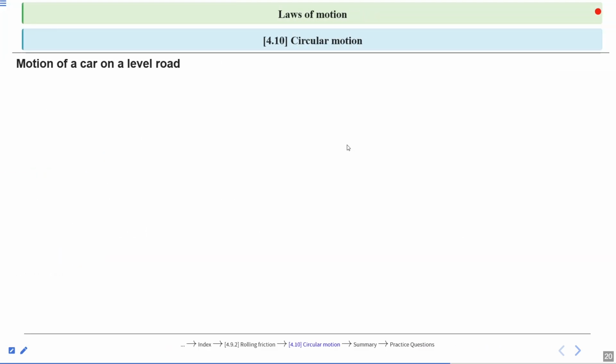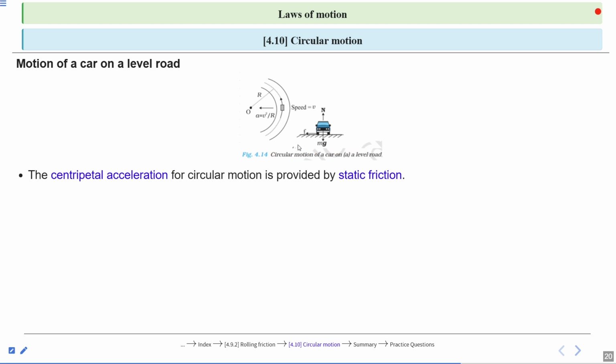Circular motion of a car on a level road: the centripetal acceleration is provided by static friction. We know the normal reaction is equal to mg, so the only force is F, the static frictional force. So the static frictional force is responsible for circular motion, or we can say the centripetal force is provided by the static frictional force.